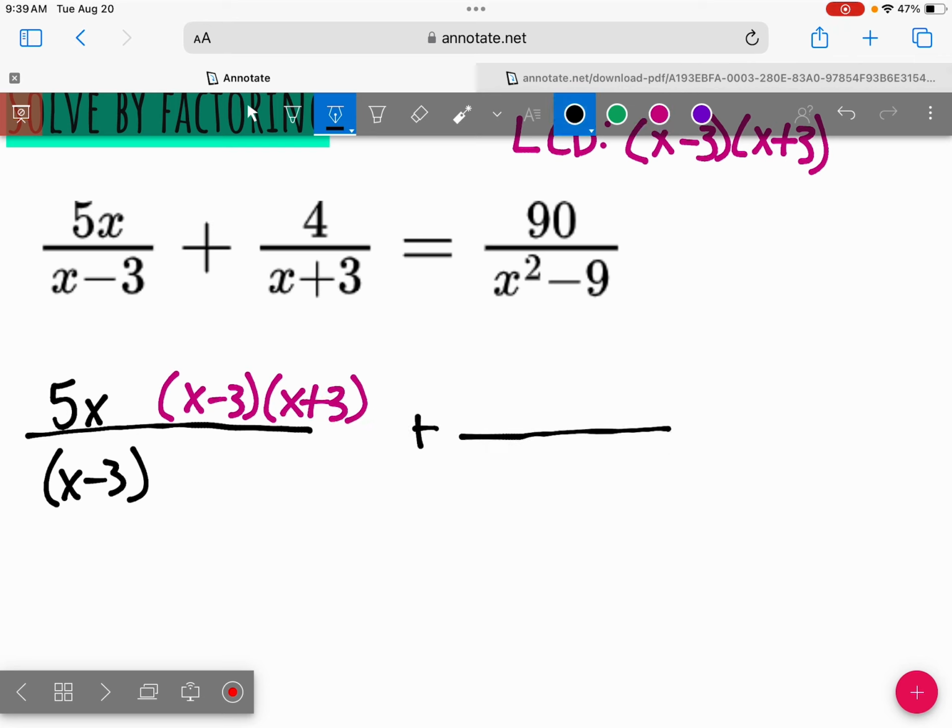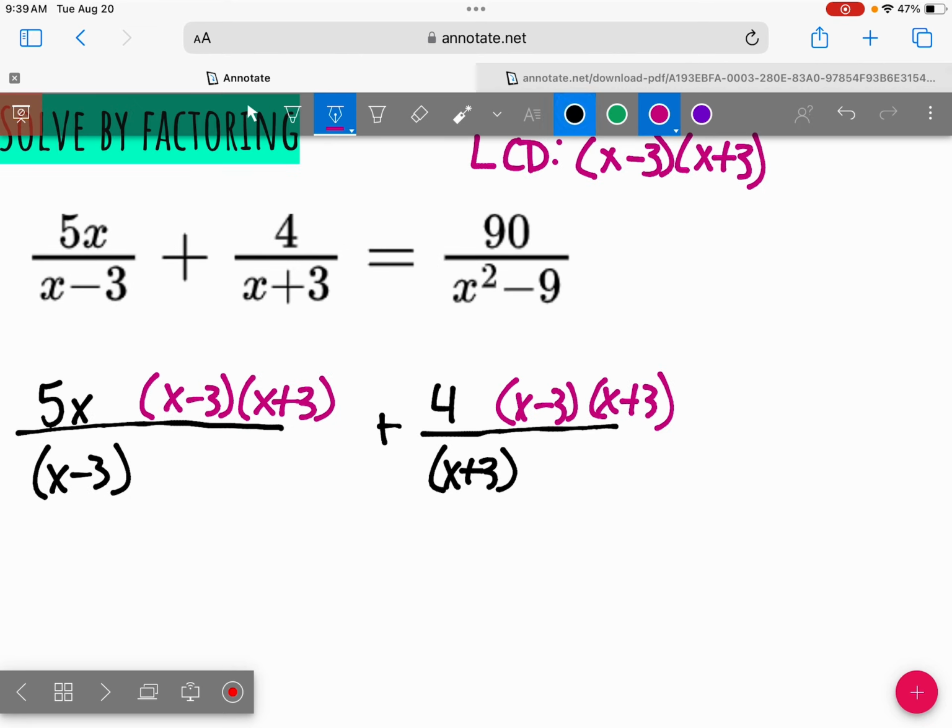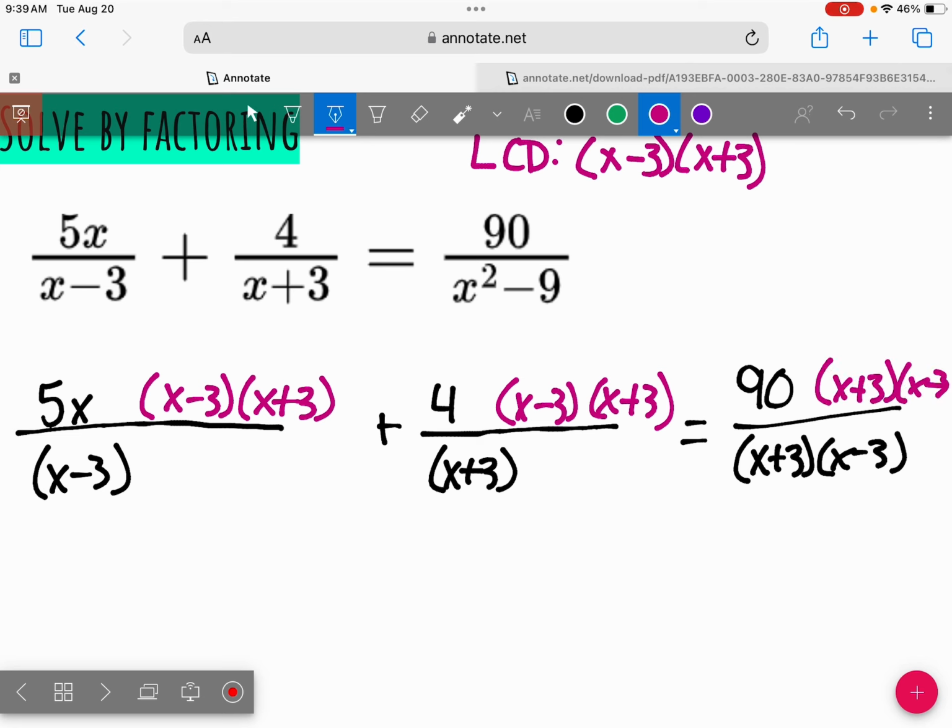Plus, multiplying it times all my pieces, 4 over x plus 3 times x minus 3, x plus 3 equals the fraction of 90 over, and I'm going to put this in my factored form, that x plus 3, x minus 3, since this is a difference of squares, and we're multiplying it by x plus 3, x minus 3. Multiplying absolutely every piece of this problem by that least common denominator.